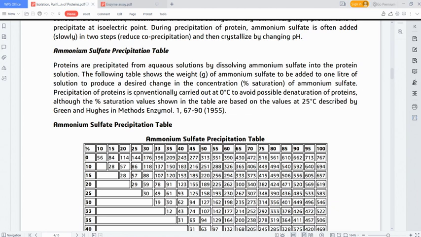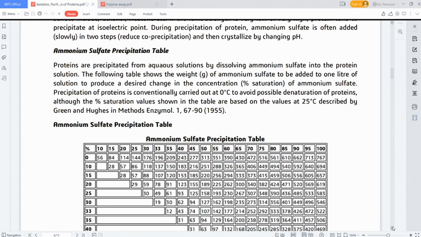Now, precipitation of proteins is conventionally carried out at 0 degrees to avoid possible denaturation of proteins, although the percentage saturation value shown in the table is based on a temperature of 25 degrees, as described by Green and Hughes. Okay, now what are we saying?